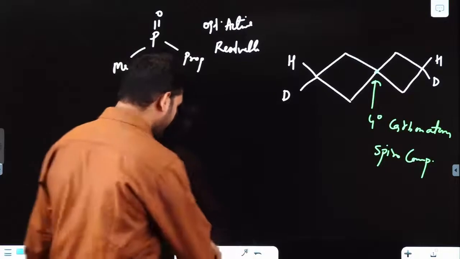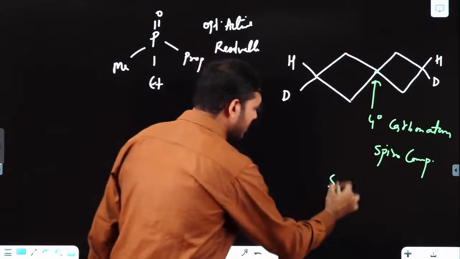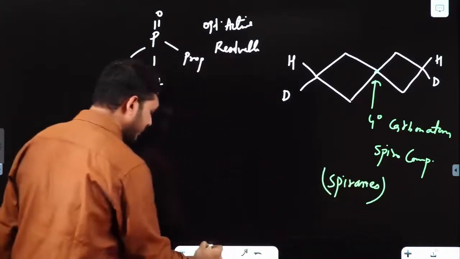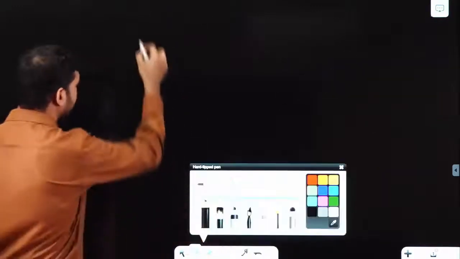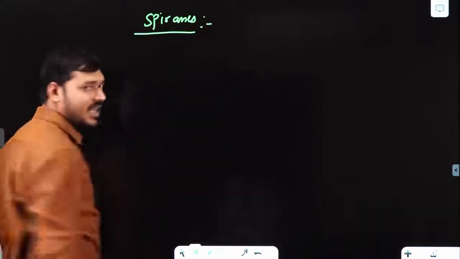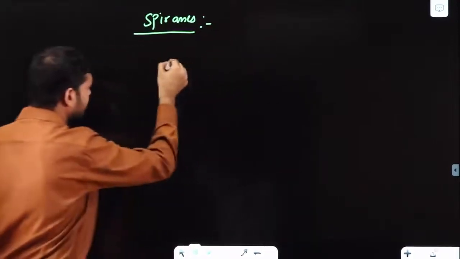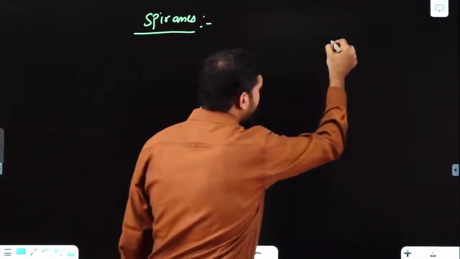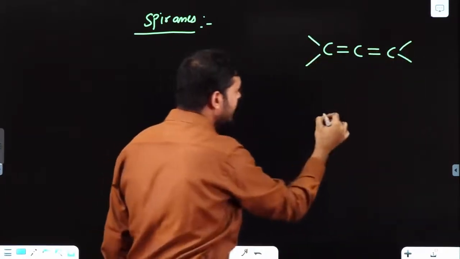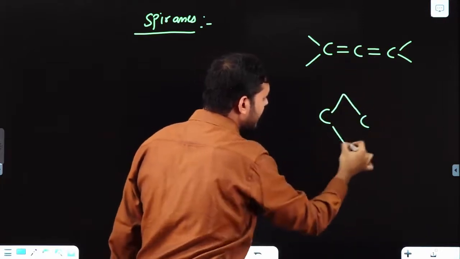Okay. See, such compounds are called spiranes. Okay, spiranes. So what happens in spiranes? See, as we know cumulenes, similarly you can understand that these two bonds are interchanged in this way.